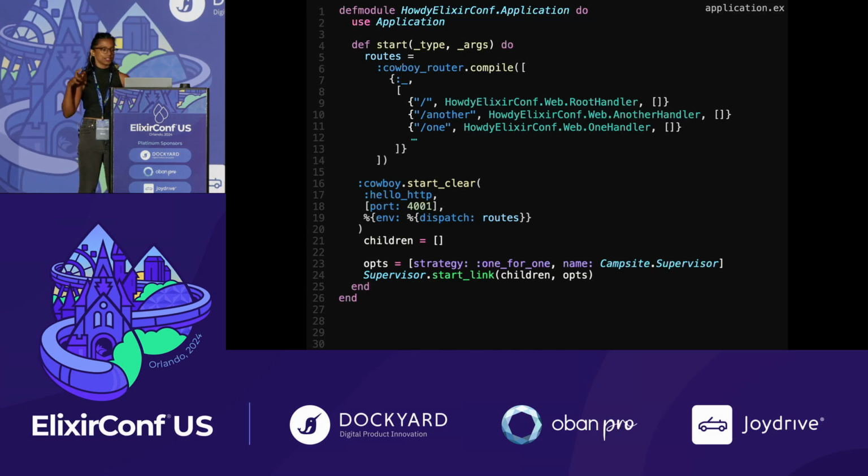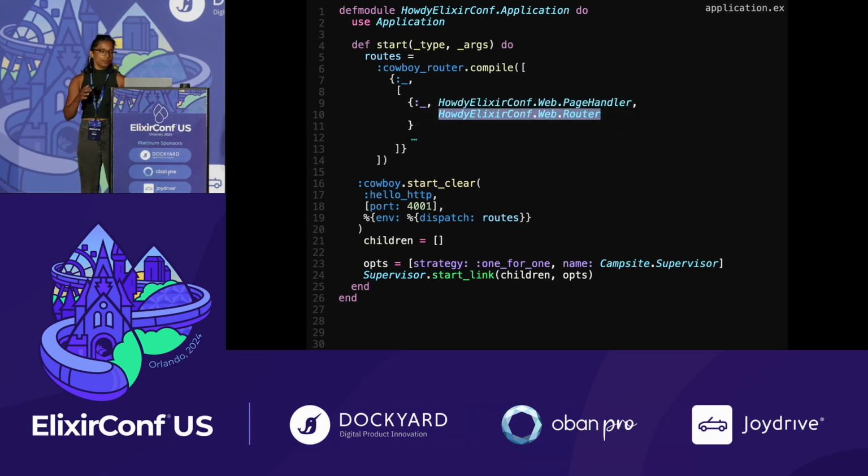But the idea holds that when you're dealing with Cowboy, you're still directly writing to that raw request. With plugs, you have the ability to extrapolate things into a router file, and then within that you can do things. It doesn't make sense here, but I will show you in a second.